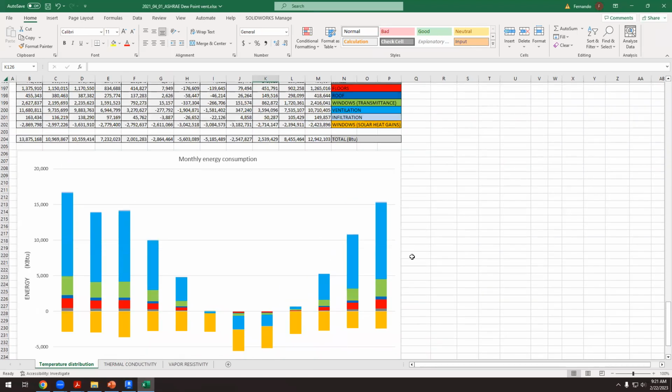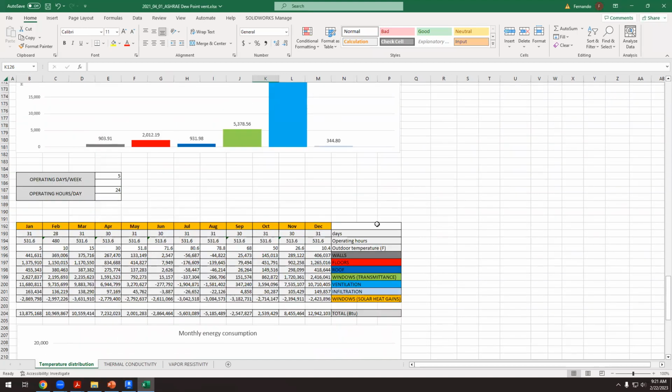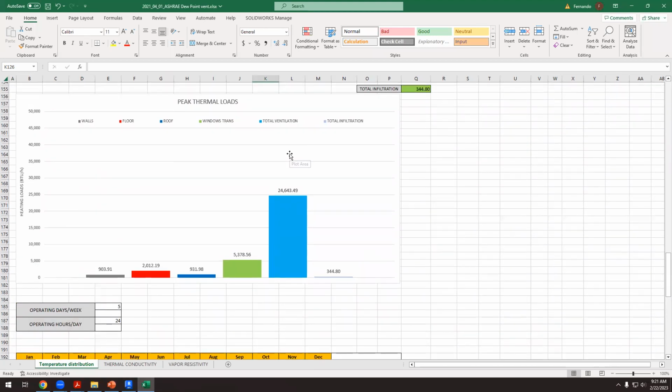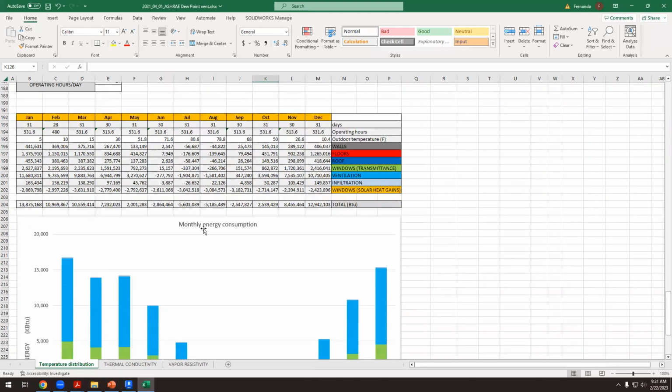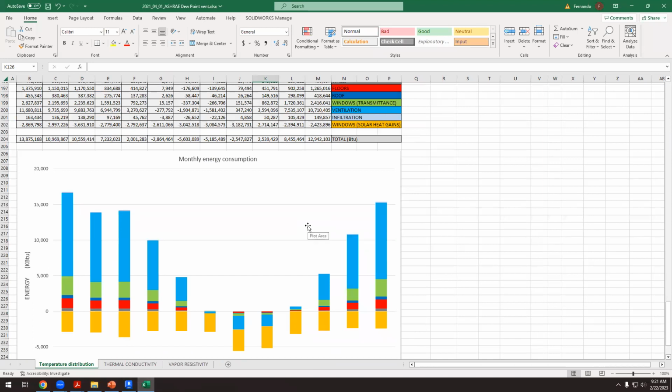Finally, how can we turn peak loads in BTUs into monthly energy consumption? So remember, if there is something that you have to learn, not in this course, but from Keene State College, is the difference between energy and power.